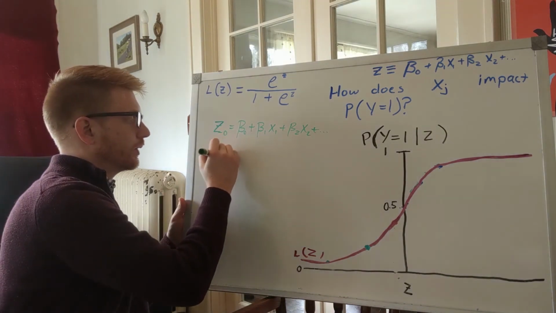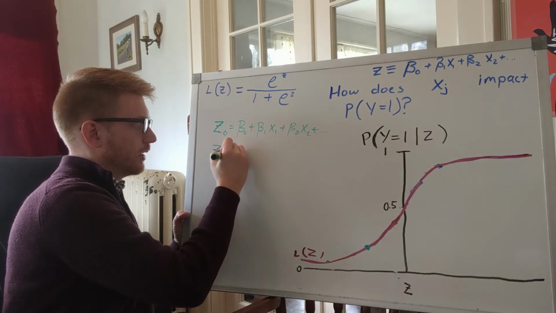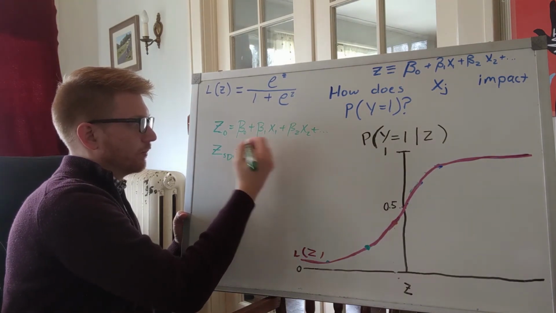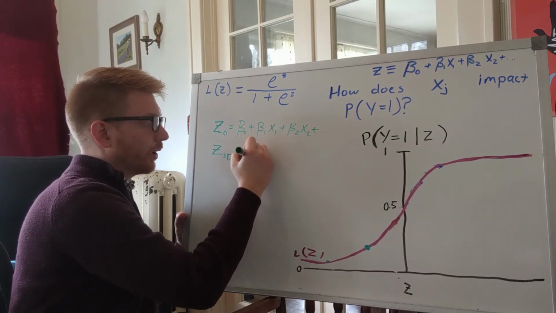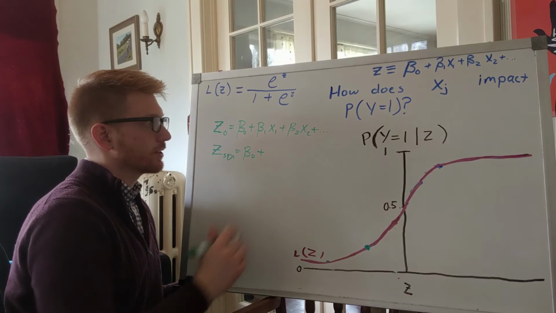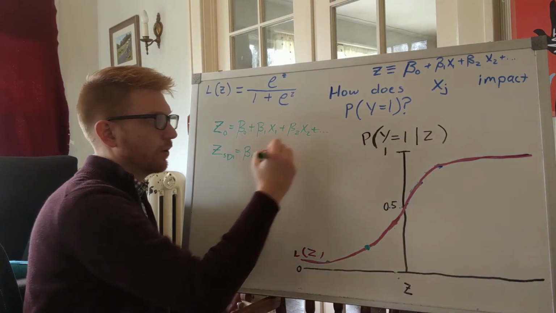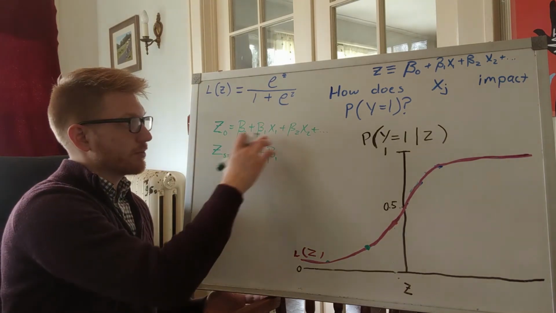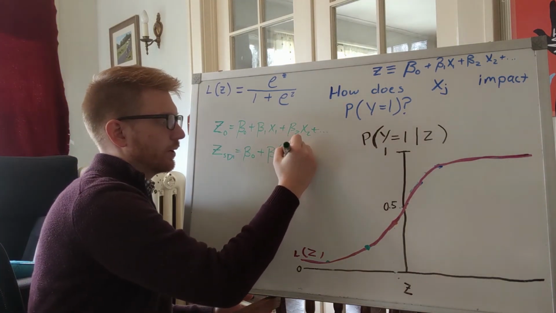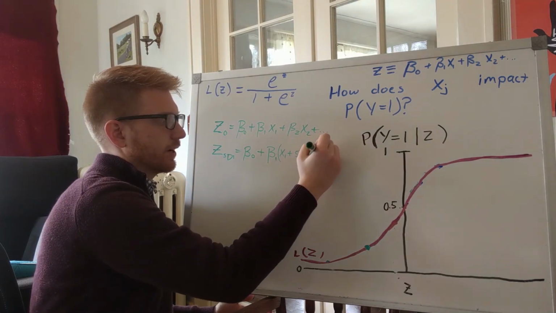But our new z, I'll put standard deviation, we are going to increase, you could also do this as a decrease, increase x by 1 standard deviation. So what I'm going to substitute in for x1 is x1 plus whatever the standard deviation is of x1.